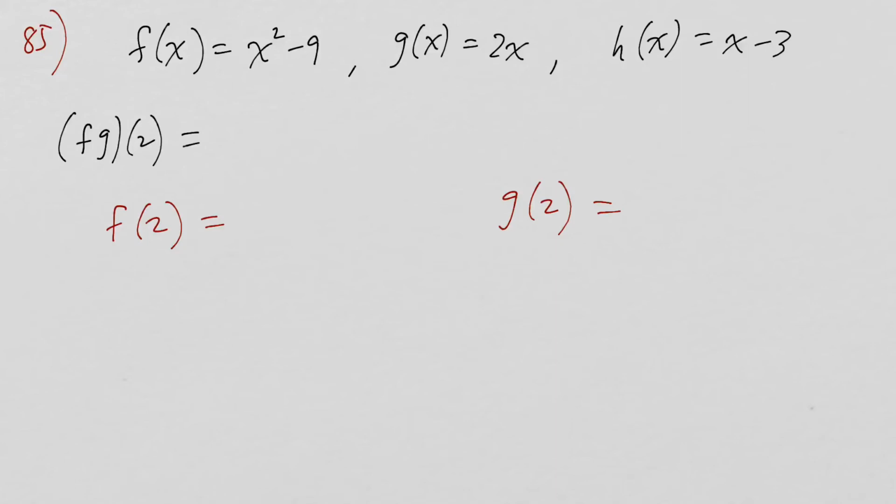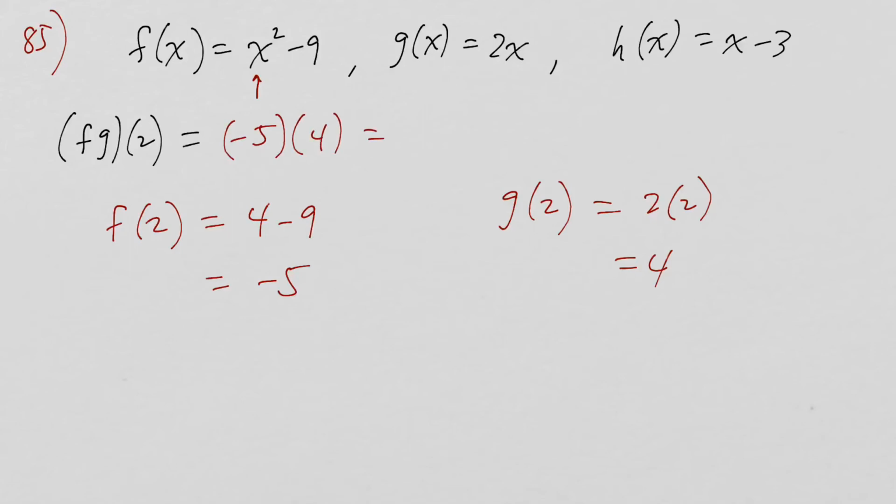So f of 2 is 2 squared, which is 4, minus 9. This is negative 5. G of 2 is 2 times 2, which is 4. So fg of 2 is the product of those, which is negative 5 times 4, which is negative 20. And that's a lot easier than doing the polynomial multiplication and then evaluating at that value.